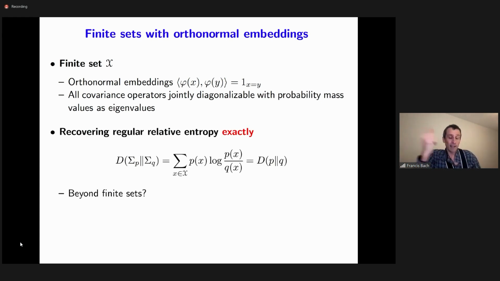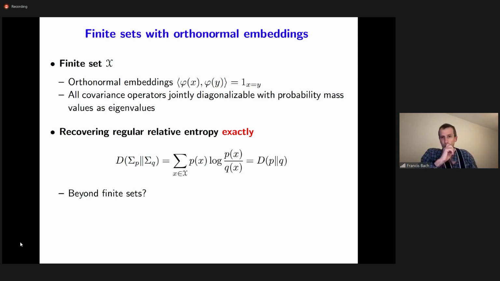And then the relative entropy is exactly the classical Kullback-Leibler divergence. This is only true for orthonormal embeddings, where if x is equal to y, the inner product of phi of x and phi of y is 1 and 0 otherwise. Then I get the exact entropy.